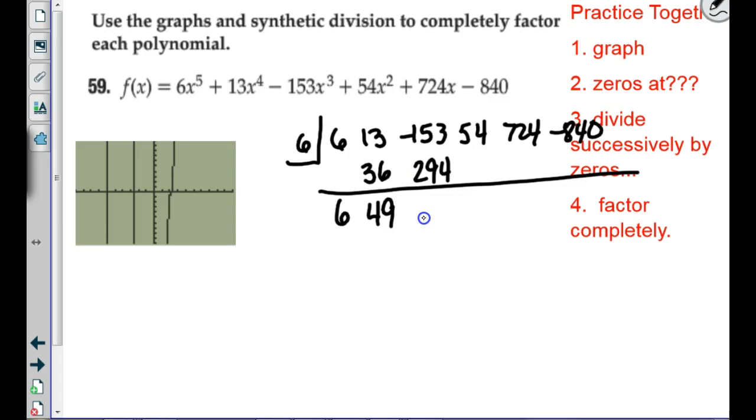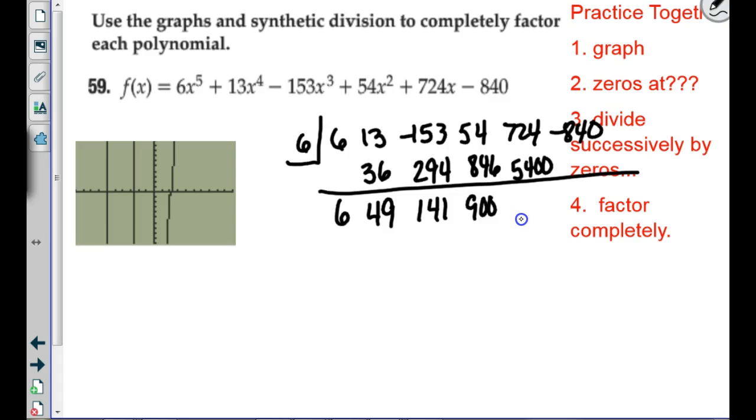Minus 153. 141 times 6. Oh my goodness. Plus 54 is 900. Times 6 is plus 724 is something's wrong. Because it's got to come out 0.